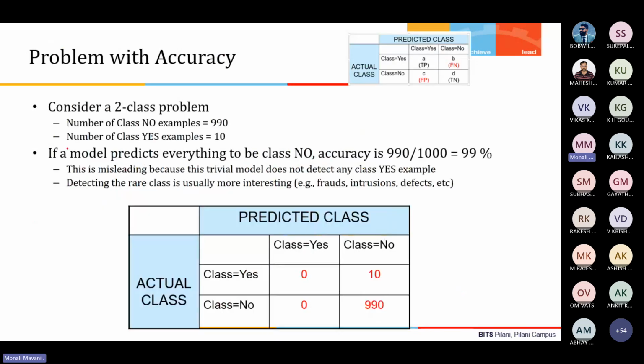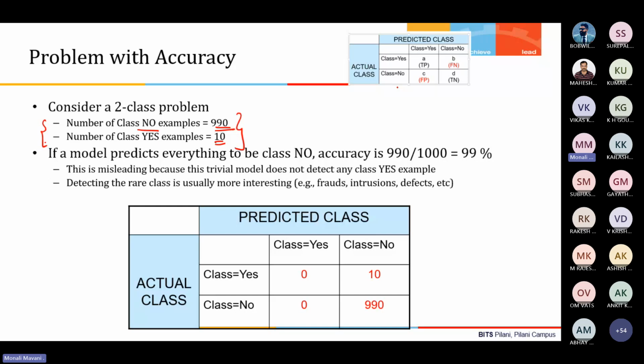Okay. Now, what is the problem with accuracy? Suppose we have a binary classification problem where for class no, there are 990 examples which have their label as no, 0, and there are only 10 examples which have a label of yes. This is often a real-world scenario where one class has more representation.